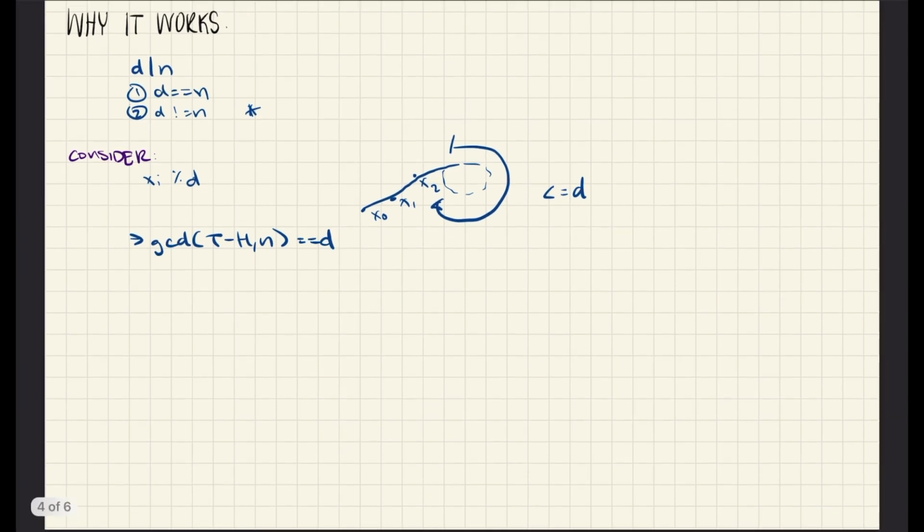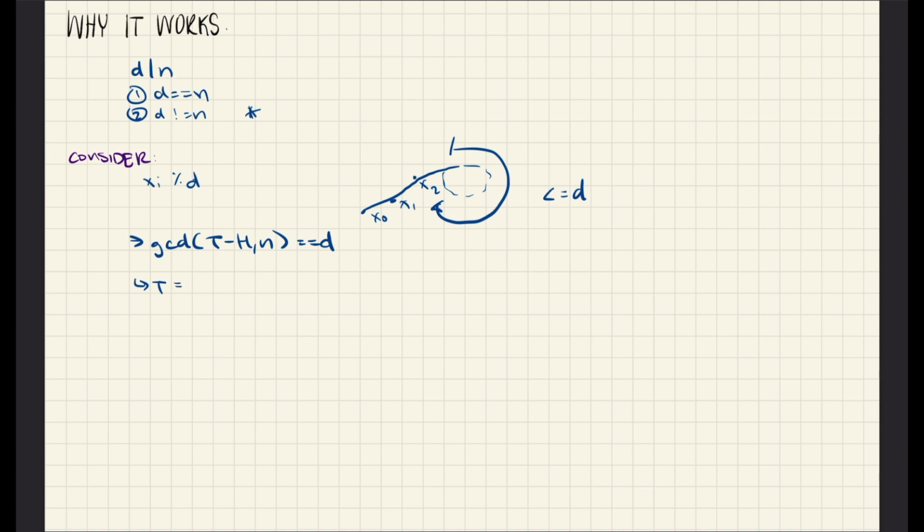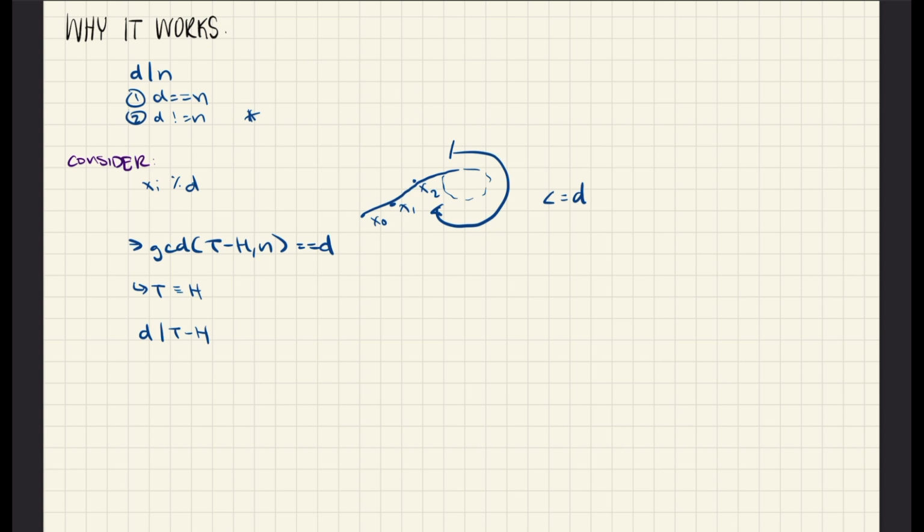So what this really proves is that t is congruent to h mod d, because this would mean that t minus h is a multiple of d. And what this would prove is that the turtle and the hare are at the same place on the new sequence.